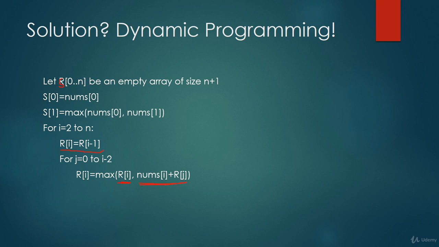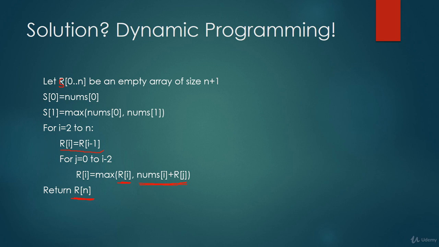So this is exactly the same as the recurrence in the previous recursive solution. And then once I'm done with this loop, I simply return R[n]. So here, R[n] will have the value of the recurrence that the previous solution had.